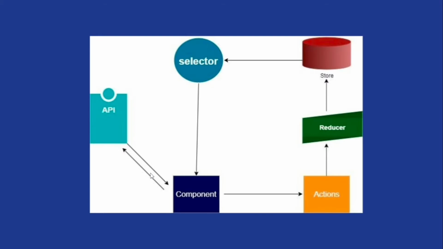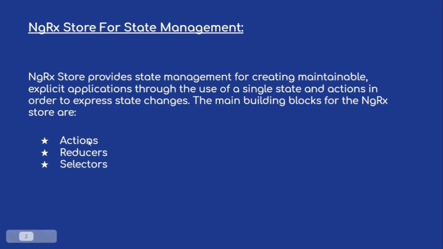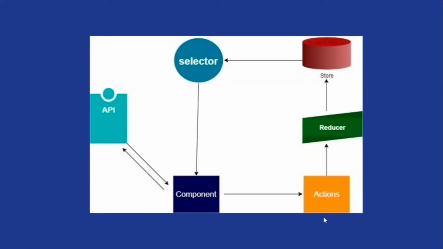To display data in our application, the component will fetch the data from the API. Here, if you observe, the component is invoking the actions. Actions are one of the building blocks of NgRx store management. These actions are listening for the component events.